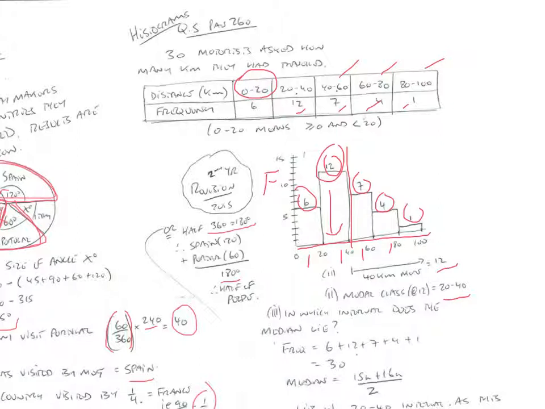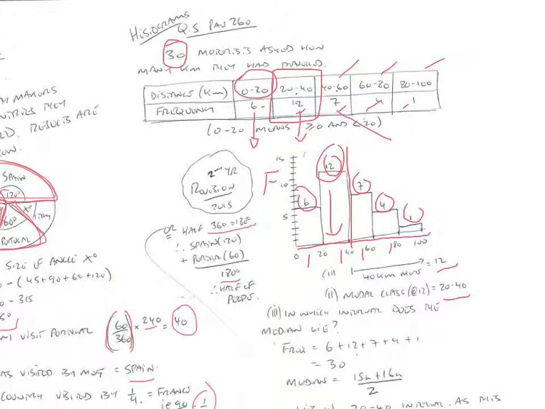In which interval does the median lie? Well, 30 motorists were asked, so the median value would be the average of the 15th and the 16th values. Okay, so where do the 15th and 16th values lie? Well, they must lie in this class interval here, because the first 6 values lie there, and then from 7 to 18 are in here, because 6 and 12 is 18, and then the 19th value is here.